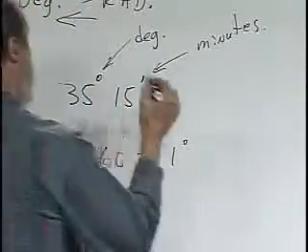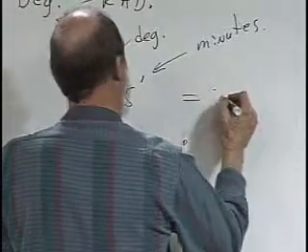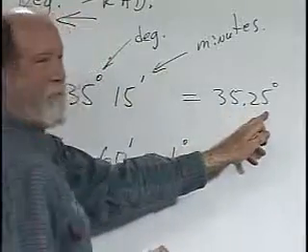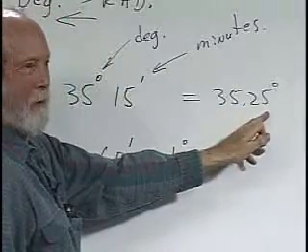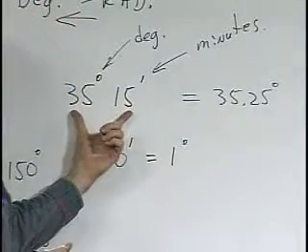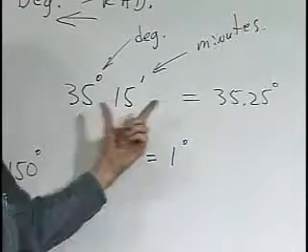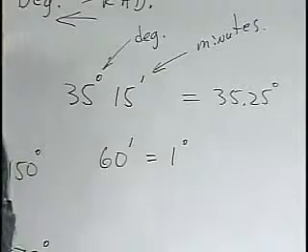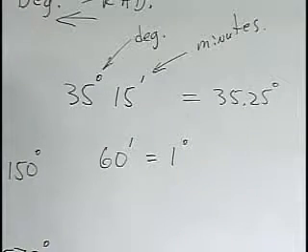Got it? So this is equivalent to precisely 35.25 decimal degrees. So this is one way of writing it: 35 degrees, 15 minutes. It's exactly equivalent to 35.25 degrees, precisely. Everybody all right with that? Okay.